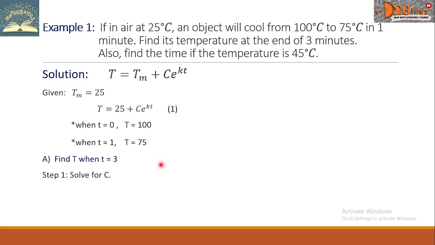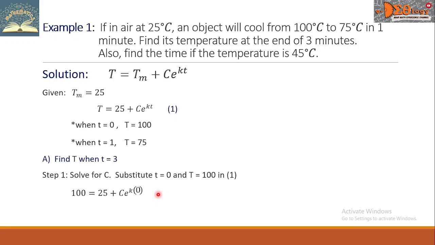We have here step 1. Let us solve for C in our equation 1. What we're going to do is to substitute t equals 0 and capital T equals 100 in equation 1. So it becomes like this. Then let us simplify. This k times 0 will be 0, and this is the exponent for the e. Therefore, e raised to 0 is simply 1.